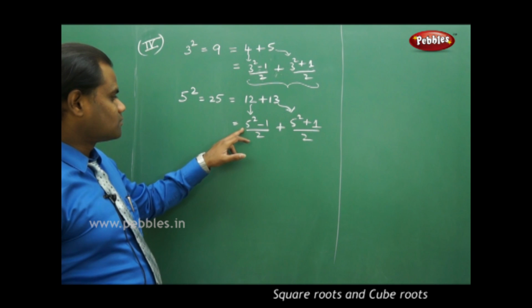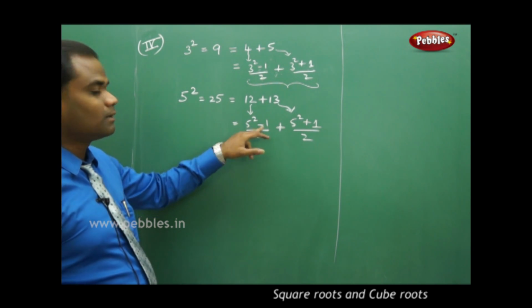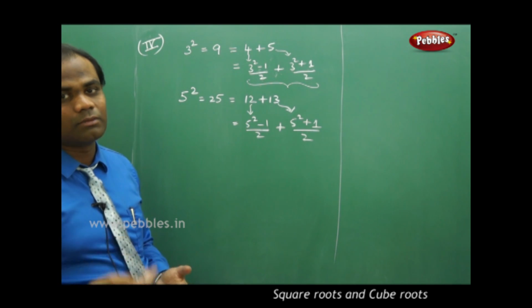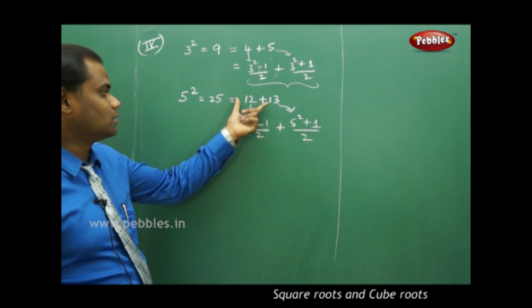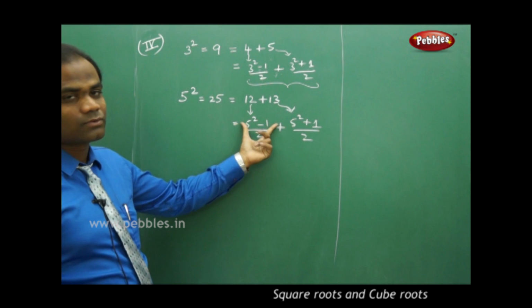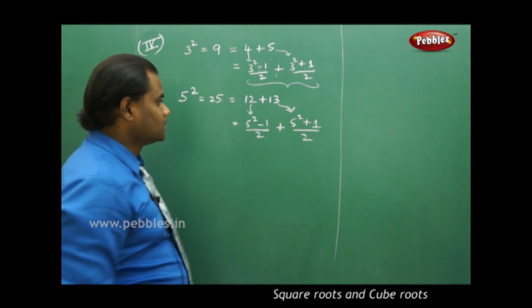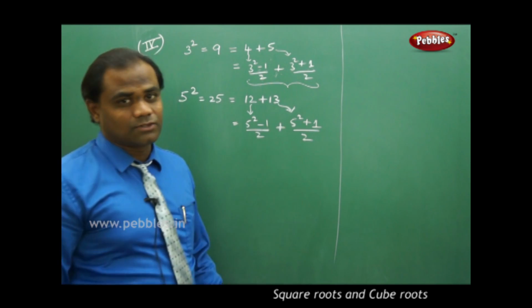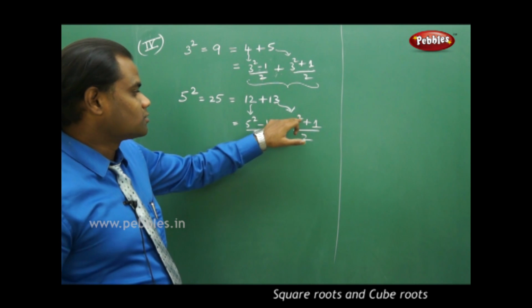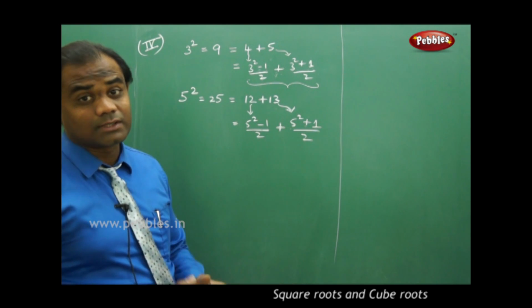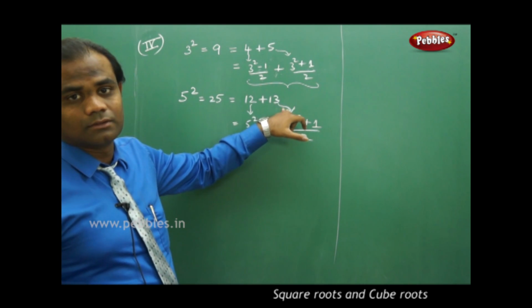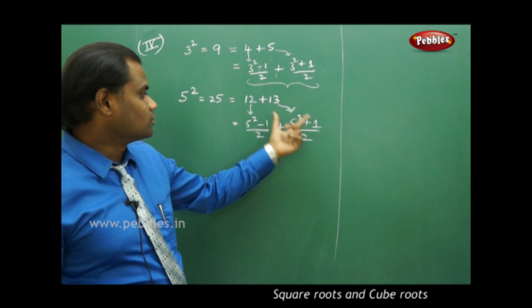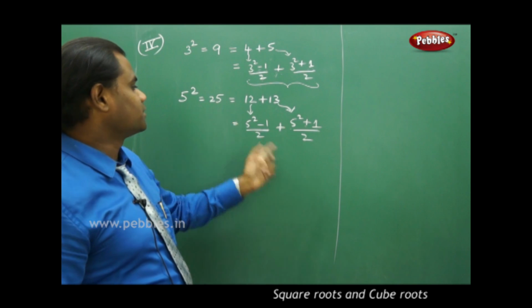As I can see here, 5 square is 25. 25 minus 1 is 24, divided by 2 gives me 12, which is exactly the same. So I can write this term as 5 square minus 1 by 2. Similarly, 13 I can write as 5 square plus 1 by 2, because 5 square is 25 plus 1, which is 26, divided by 2 is 13. So this also follows a pattern which I can identify from 3 and 5.